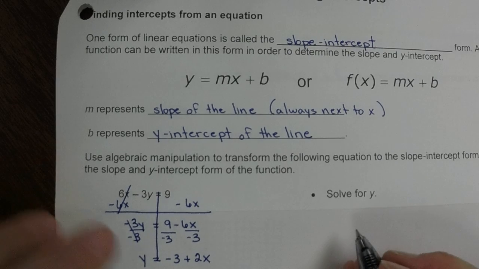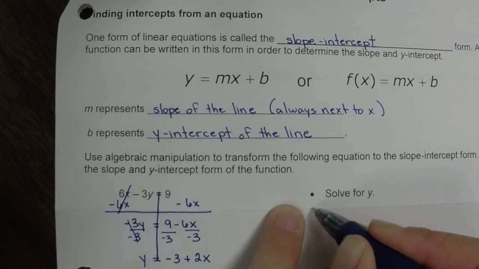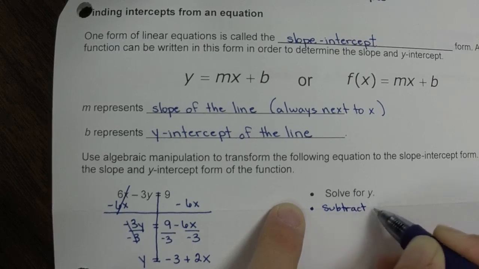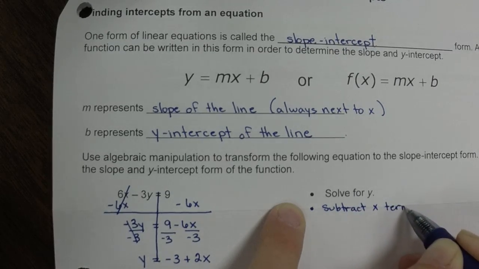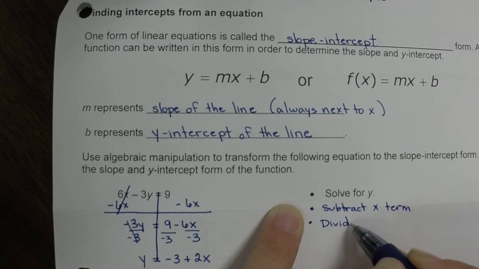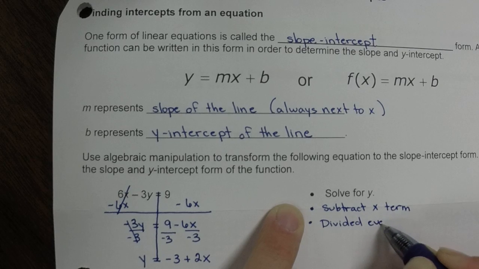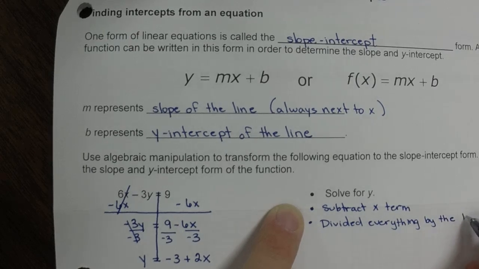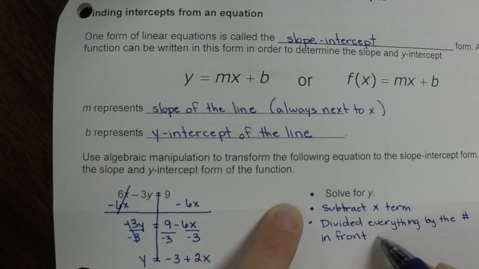The first thing that I did was subtract the x term. And then I divided everything by the coefficient, or the number, in front of y. And then all we did was simplify.